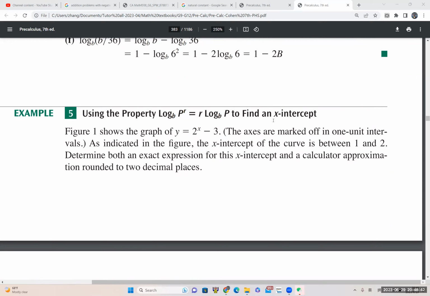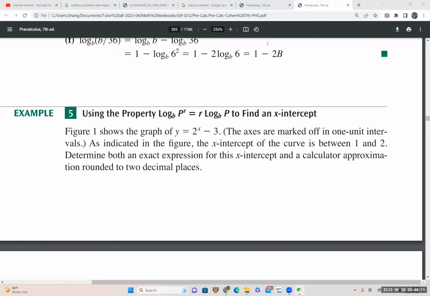Use this to find the x-intercept. X-intercept means we need y equal to 0 to find x.